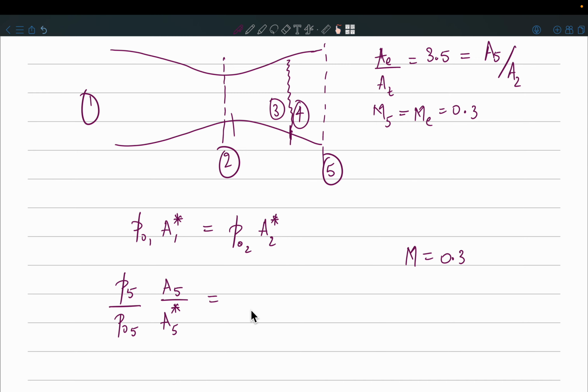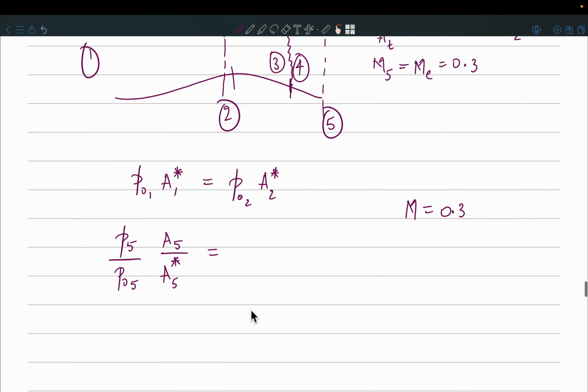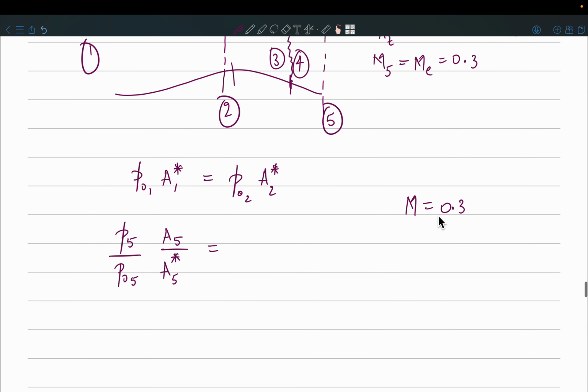How is that possible? You're saying Mach number 0.3 is not given in the table. Then why don't you calculate? You have the relation P by P naught.